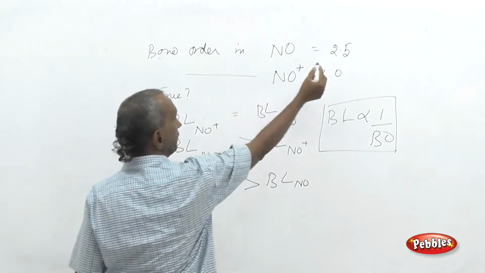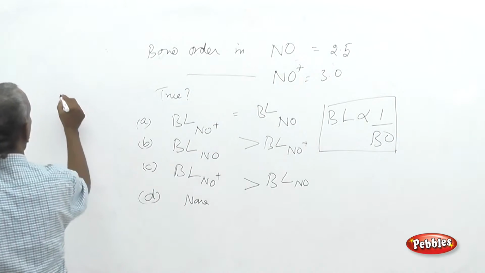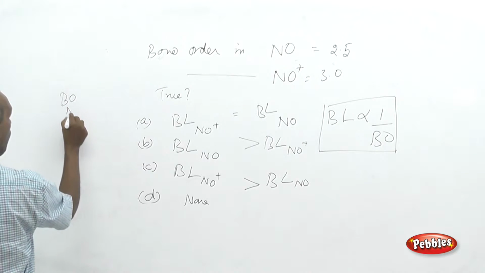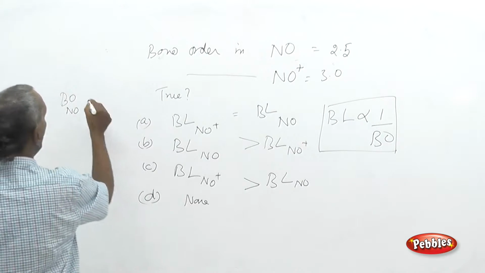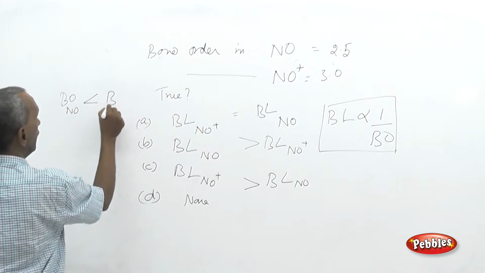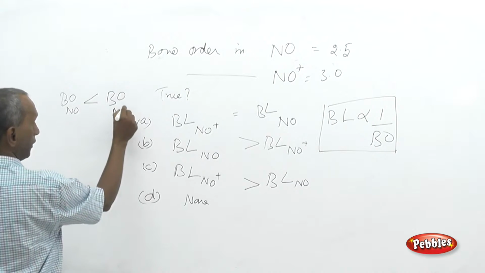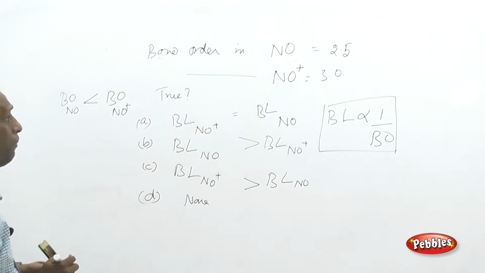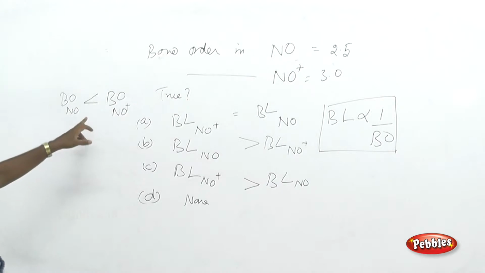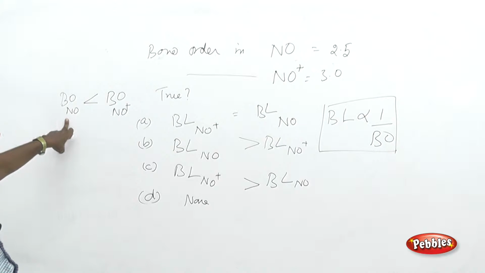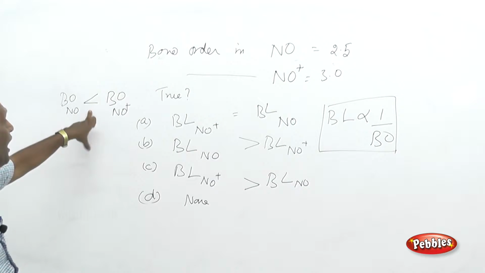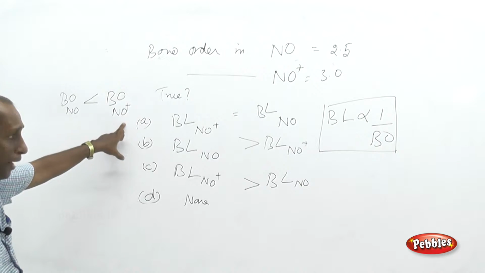So let us compare this NO. The bond order of NO is less than that of NO plus, as per the statement. That can be put in mathematical form: 2.5 is less than 3. The given data can be represented in this manner, that is, bond order of nitric oxide is less than that of nitrosyl cation.